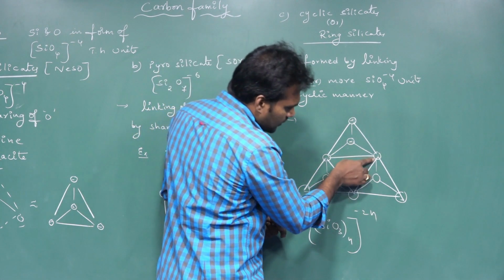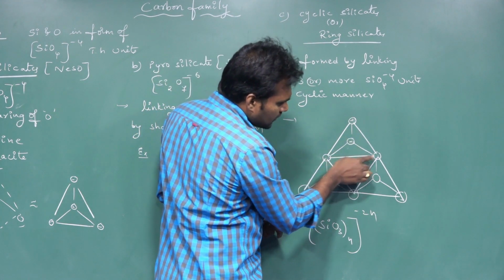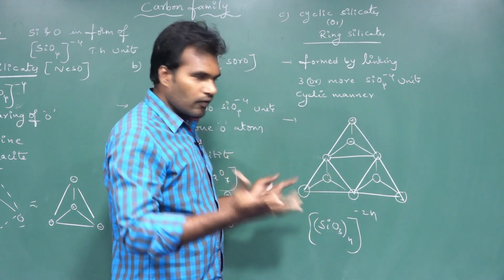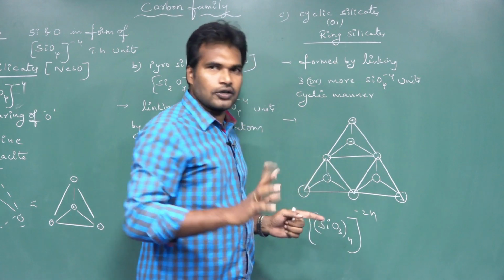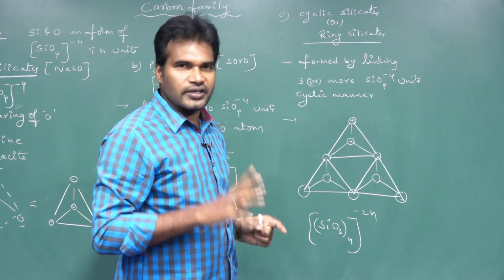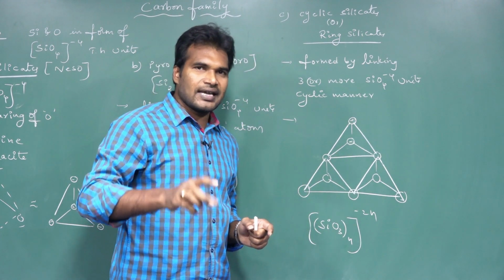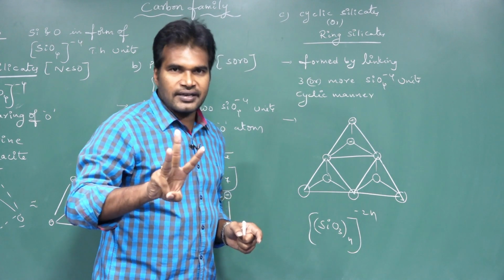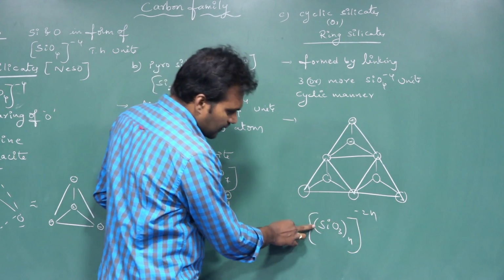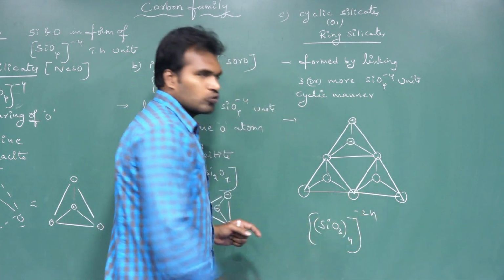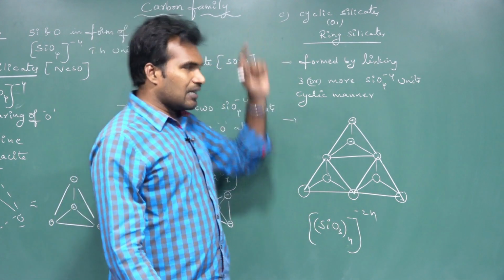Similarly here also. So overall half plus half is 1, 2 plus 1, total 3. That is why each tetrahedral unit has only 3 oxygen atoms belonging to it. So (SiO3)n^(2n-) is the general formula for cyclic silicates.